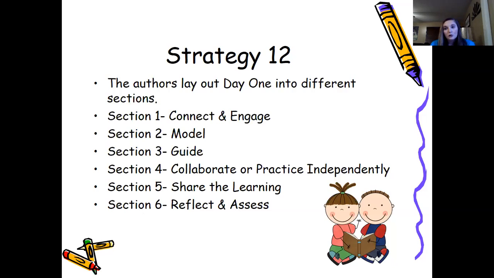Okay? So once you have modeled this, then you're going to guide them, and you're going to continue reading the text aloud, and you're going to stop at key points. And this is going to allow students the opportunity to write down their thoughts, the notes, and at this point, you can also let them share some ideas.